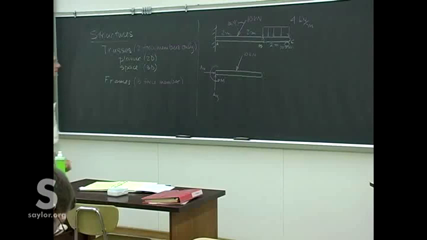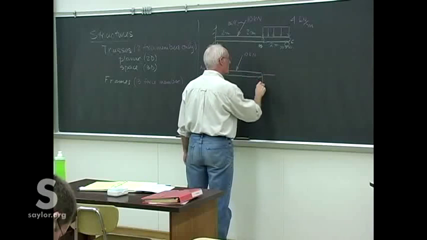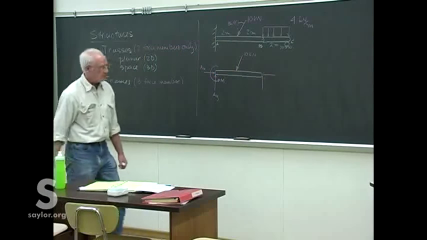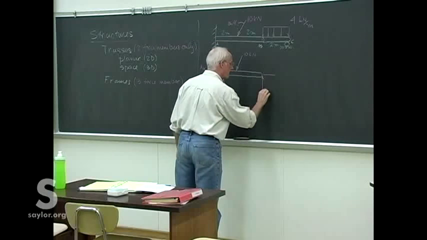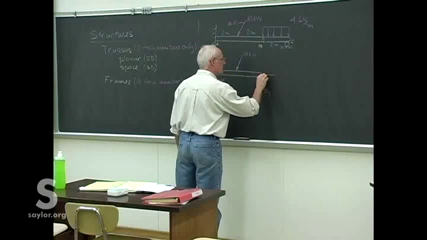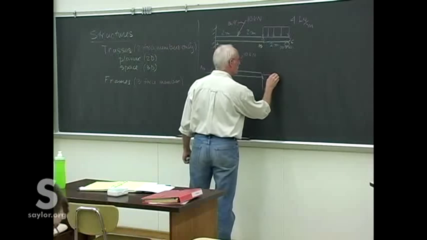And then some kind of reaction here at that pinned end. And maybe we can figure out something about it, maybe we can't, so I'll just keep them in the same order I did.